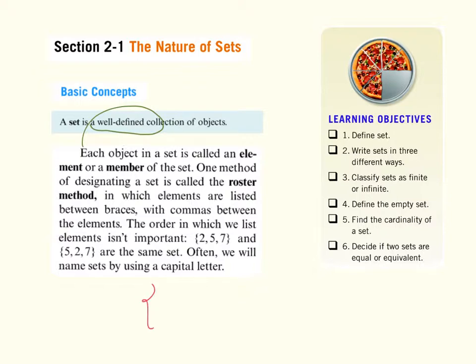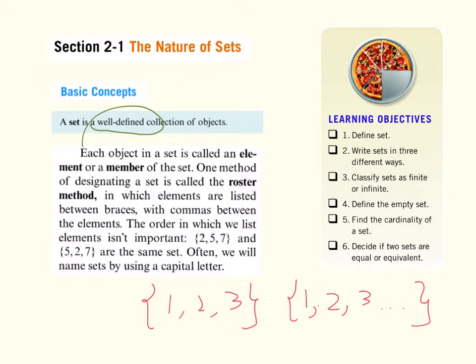So it looks like this. The elements are separated by commas. Sometimes you will also see three dots after the elements. That means the numbers keep going, so it will be 4, 5, 6, and it will not end. The order of these elements is not important, because within the braces it just means that there are these elements.